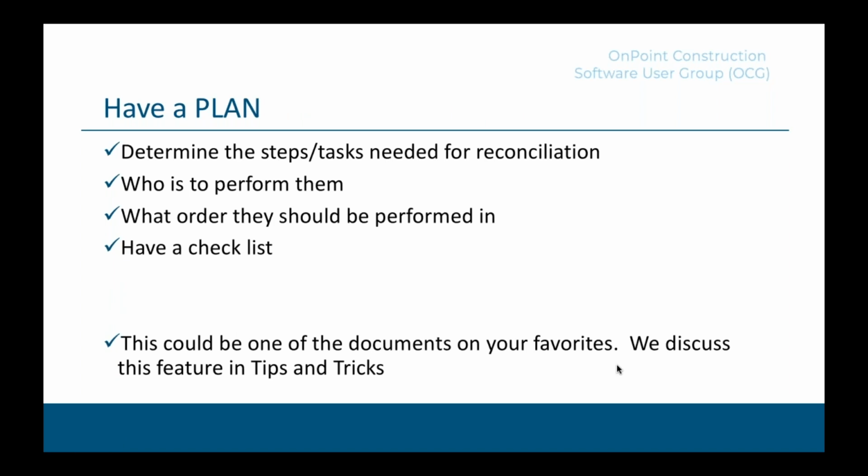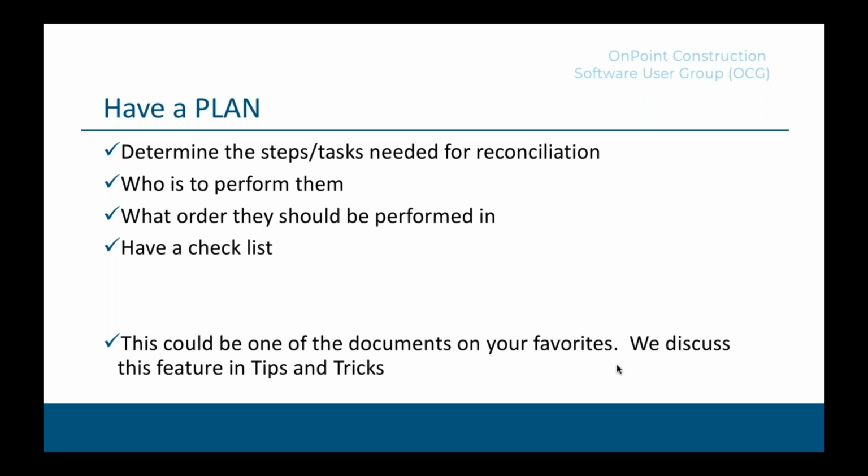So in the plan, determine the steps and tasks needed for reconciliation, and then who's going to perform them, and then what order they should be performed, and have a checklist of, in a particular module, what you need to do. And it can be one of the documents on your favorites.